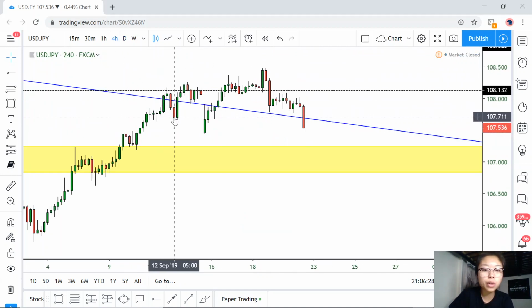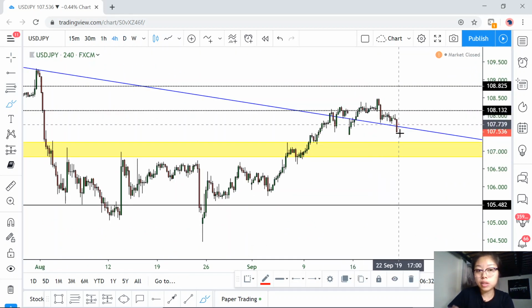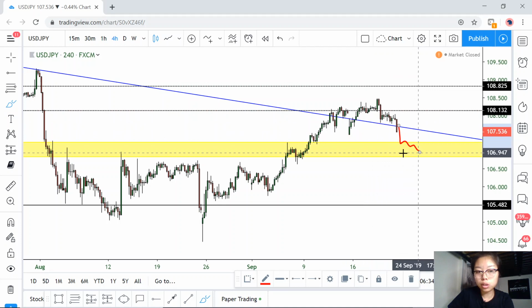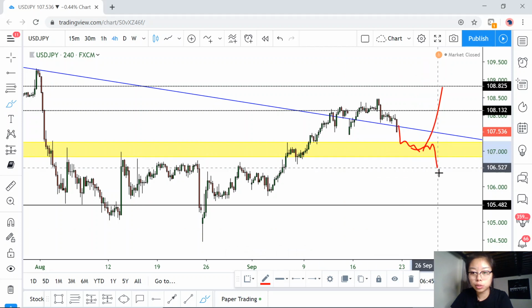So on H4, if price does start creeping into my yellow zone, I want to see what happens. If it goes up, if it bounces off the yellow zone, or it could actually break.